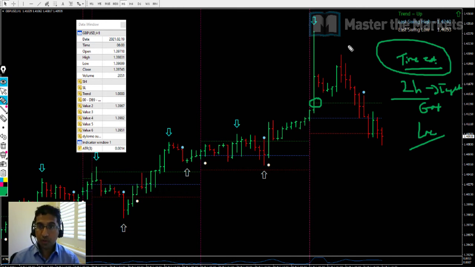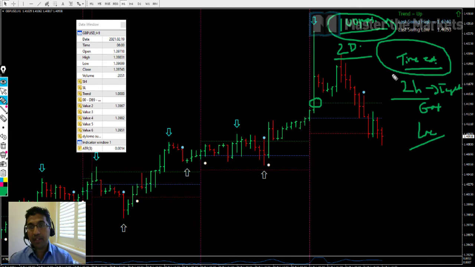So it's always good to know what target you're going for. Let's say you're going for a 100 pip target based on your open equity research, and you also know that 80% of them get there within, let's say, 2 days. Therefore, you have a time exit. If it doesn't get there within 2 days, I exit live.